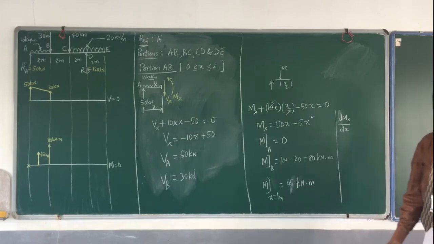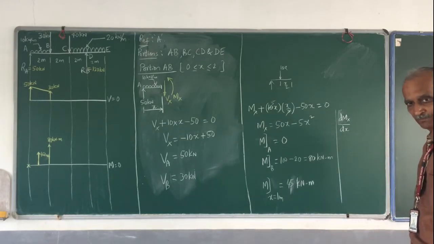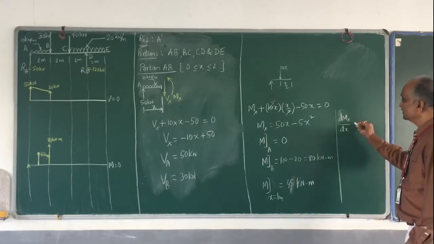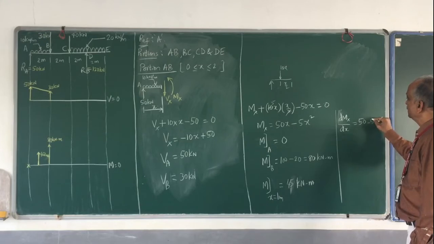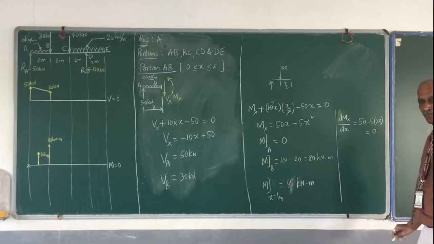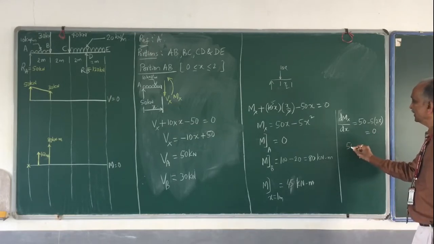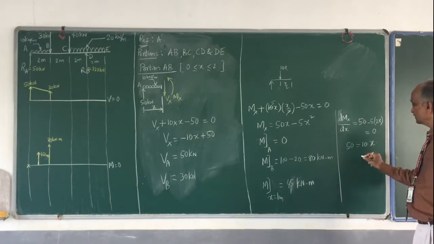Just recall how to find the maximum and minimum value of a function. So dMx by dx is equal to 50 minus 5 into differentiation of x square, that is 2x, equal to 0. So 50 is equal to 10x. So x is equal to 50 divided by 10, 5 meters.